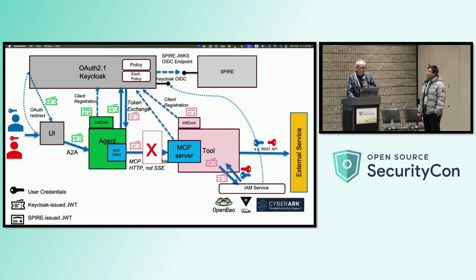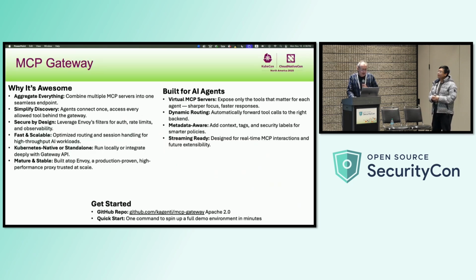There's one more problem. As this scales in enterprise solutions, there will be a larger number of tools, and according to some studies, the optimal number of tools per agent is up to 10. So if the number is bigger than 10, we start having optimization problems. And this is when the MCP gateway comes into place. The MCP gateway aggregates a large number of MCP servers into one access point.